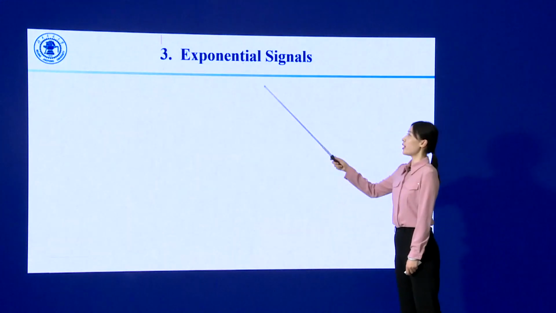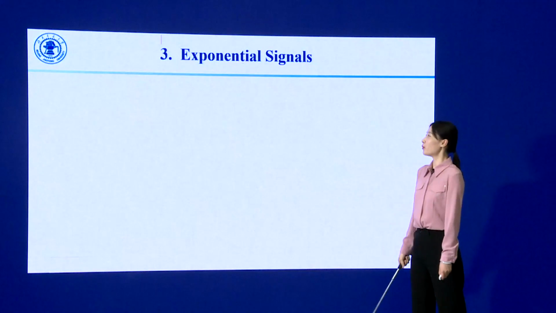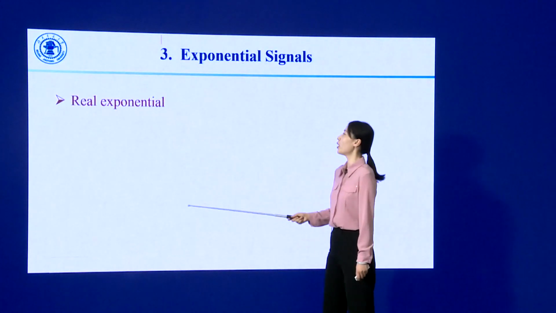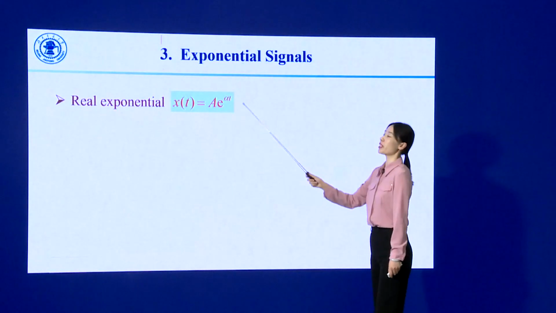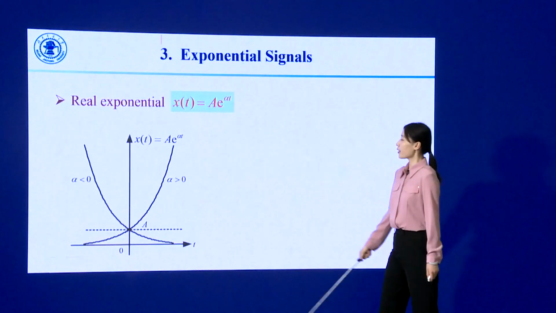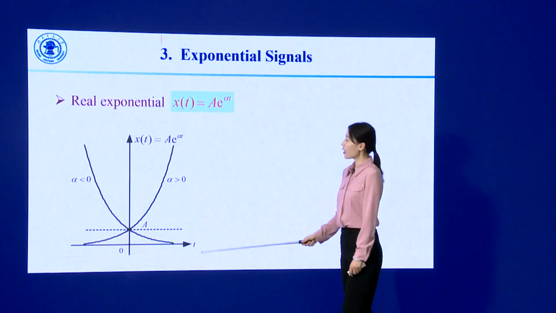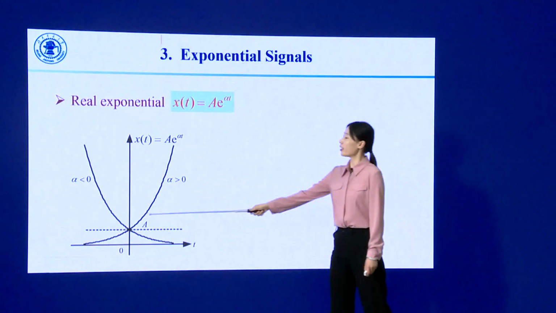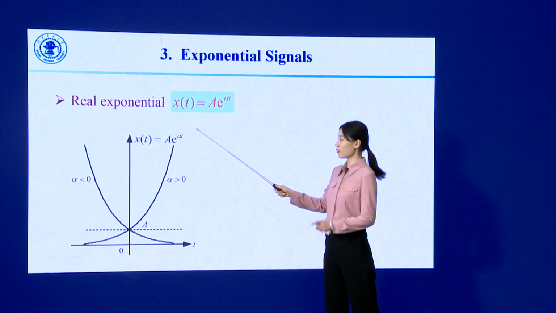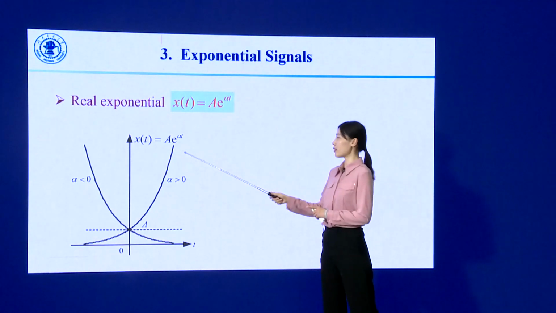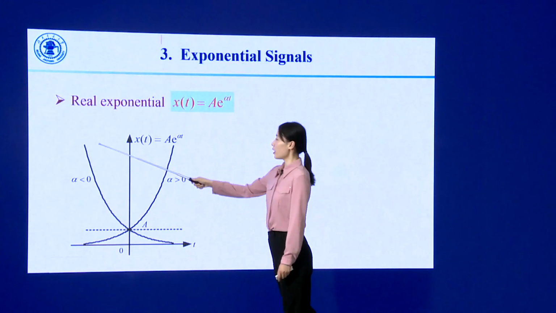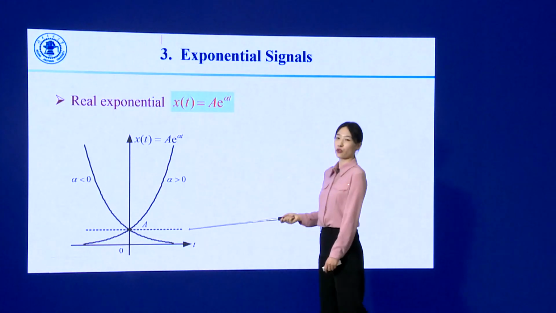The next signal is the exponential signal. We first introduce the real exponential signal, expressed using this equation. Here is a waveform. We can find that when alpha is larger than 0, it is an increasing trend. When alpha is smaller than 0, it is a decreasing trend.